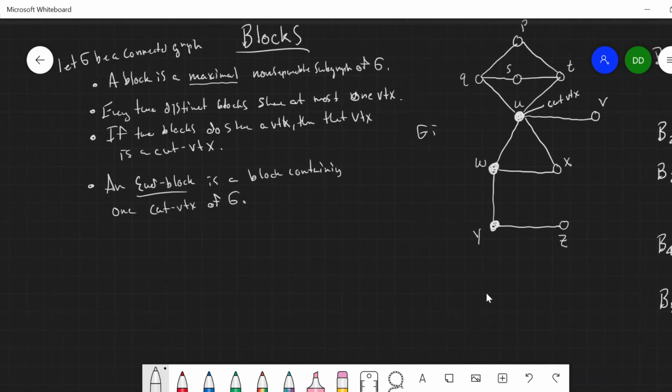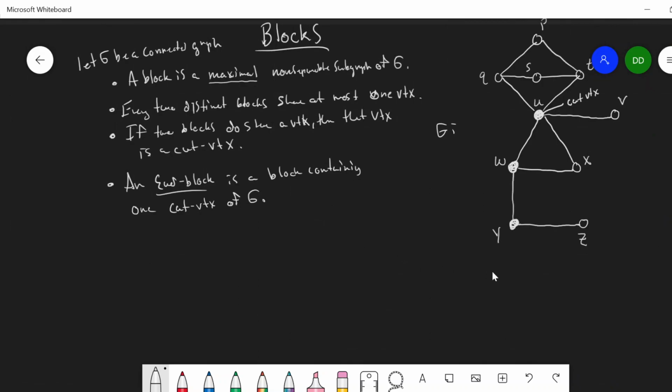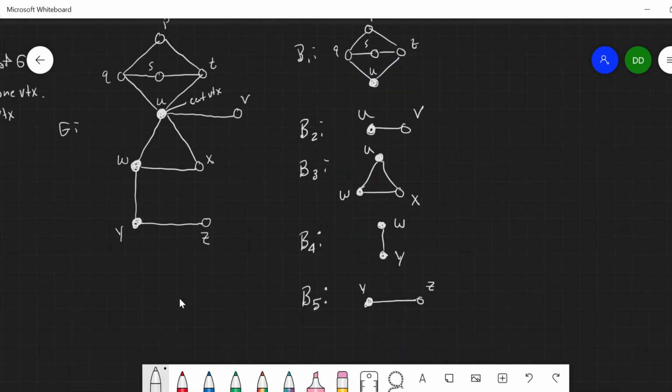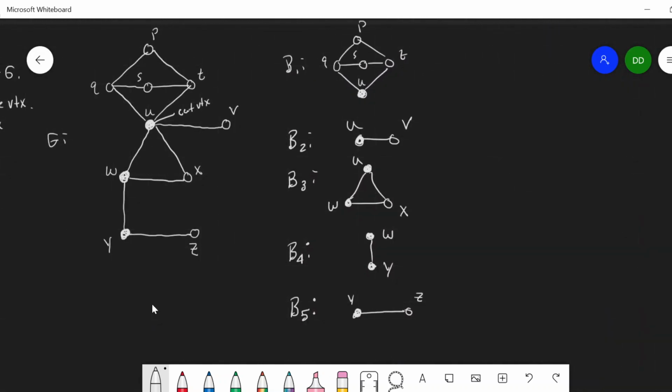So I want to remind us that an end block is a block containing just one cut vertex of G. So B1 is an end block. B2 is an end block. B3 contains 2 cut vertices. B4 contains 2 cut vertices.